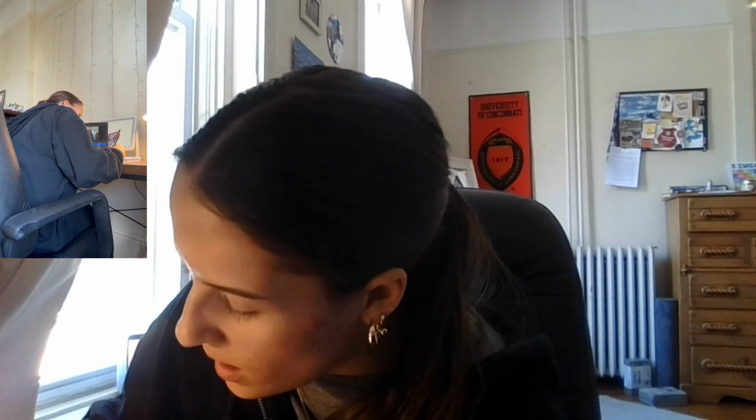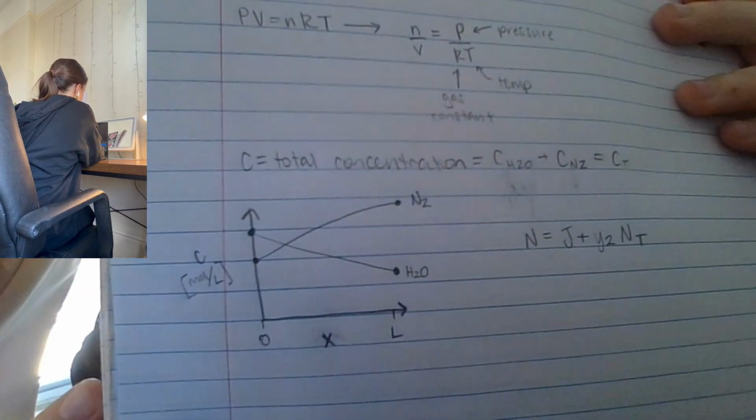So J is our molar flux, and if we want to look at the total flux of the system, we can say that total flux is equal to our molar flux plus whatever mole fraction we have of whatever unit we're looking at times the total flux. So that's this equation here.